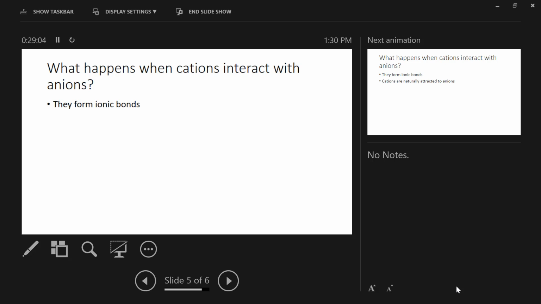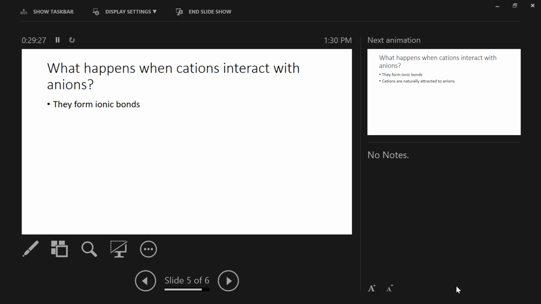A bond between a cation and an anion is called an ionic bond, which is wonderful because it's cation and ion, ionic bond. Have you heard opposites attract? This is where this idea comes from.